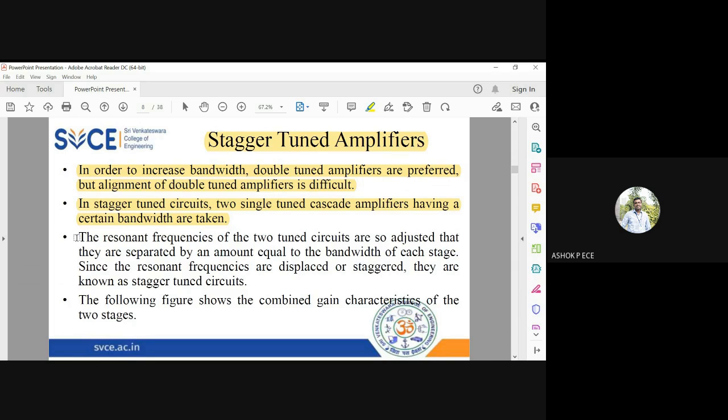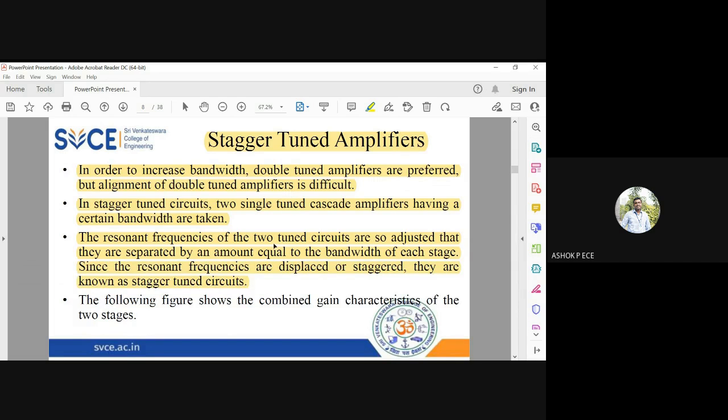See here, the resonant frequencies of the two tuned circuits are affected so that they are separated by an amount equal to the bandwidth of each stage. When you find the difference between the two resonant frequencies of the two stages, it will be exactly equal to the bandwidth. Since the resonant frequencies are displaced, or staggered, it is called a stagger tuned amplifier.